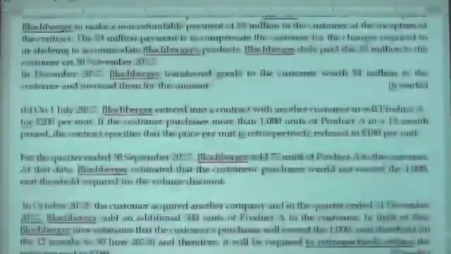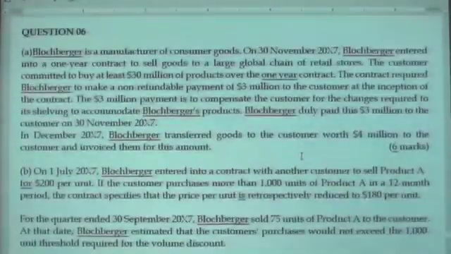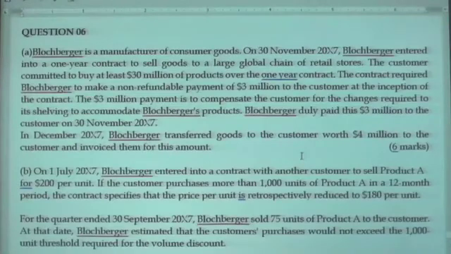Let us see this example. Bloschberger is a manufacturer of consumer goods. On 30th November 17, the company entered into a 1-year contract to sell goods to a large global chain of retail stores.